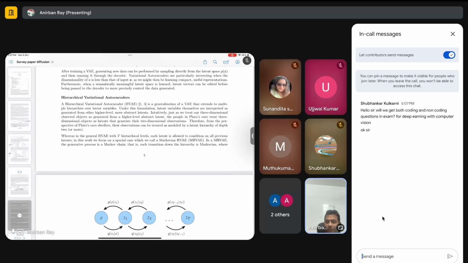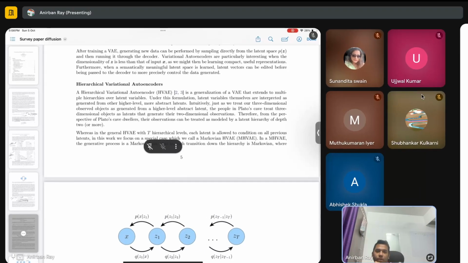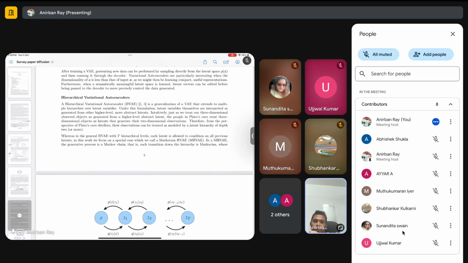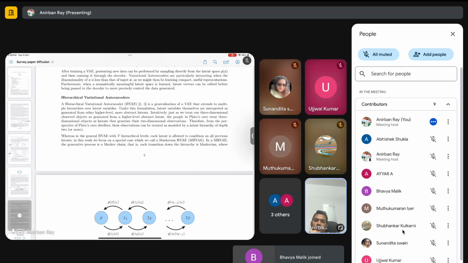Any doubt up to VAE? Have you understood VAE? Because the diffusion model that we're going to see actually builds on VAE. So I have done just a recap. Any doubt, then we can discuss more. Is it clear for everybody? Ujjwal, Sunanda, Shubhankar, Madhukumaran, Iyer, Bhavya. Any doubt?